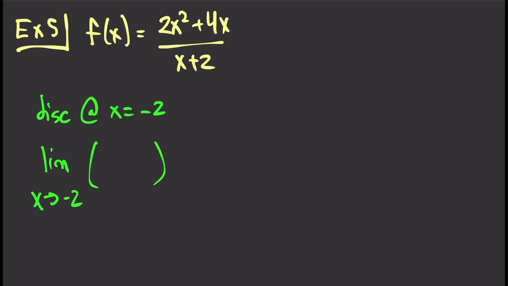This one, it looks like I can do something with. Maybe I'll try factoring that numerator. Looks like I can take out a GCF of 2x, and I have x plus 2 left. My denominator is x plus 2. So what I can use to evaluate the limit now is just this.